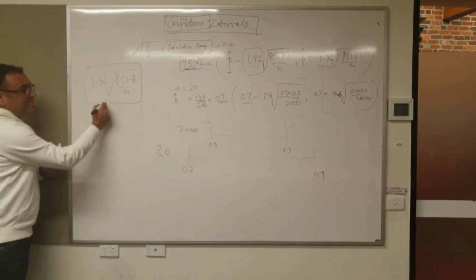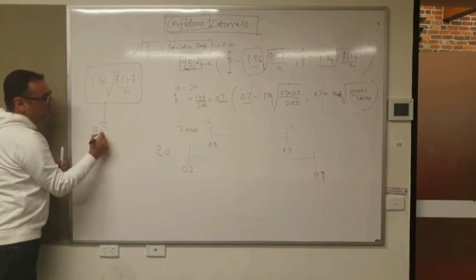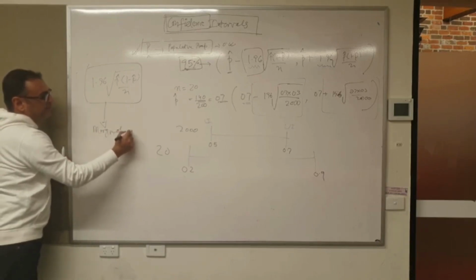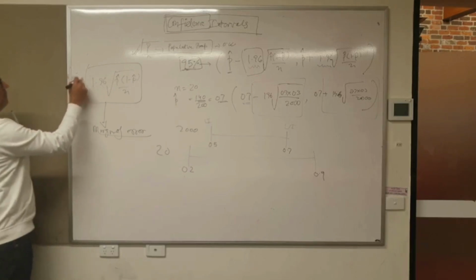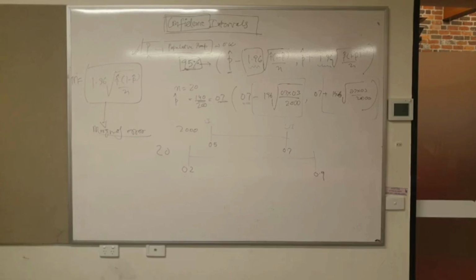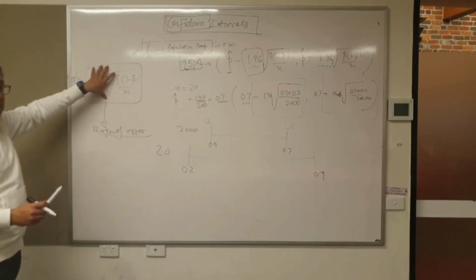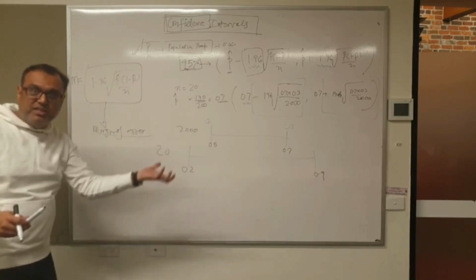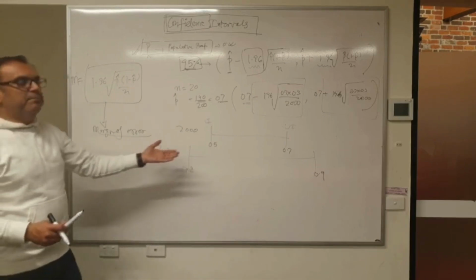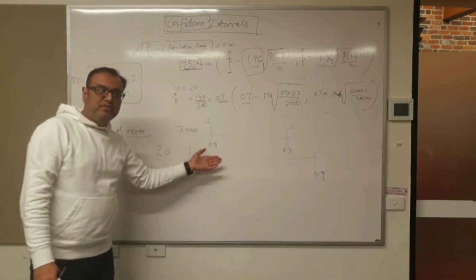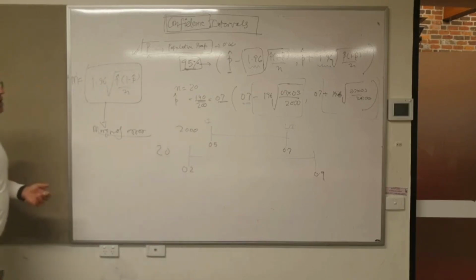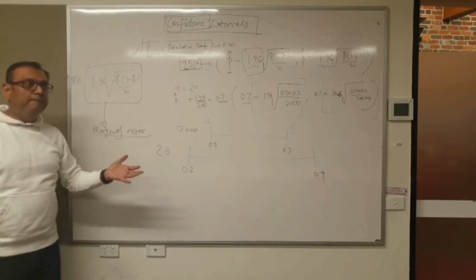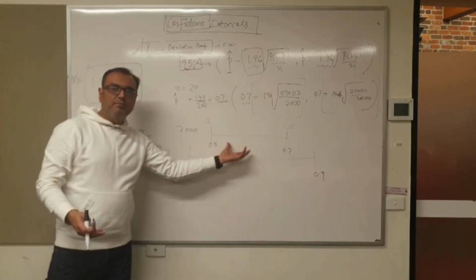I call this the margin of error, M. So this tells me how much precision I am putting in my interval. Does that make sense, guys? More the sample, better the precision.